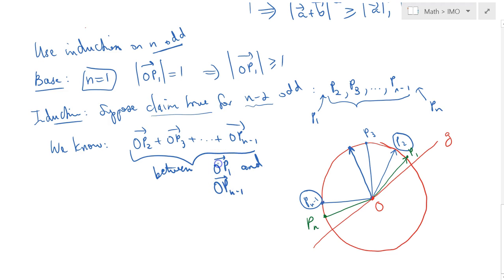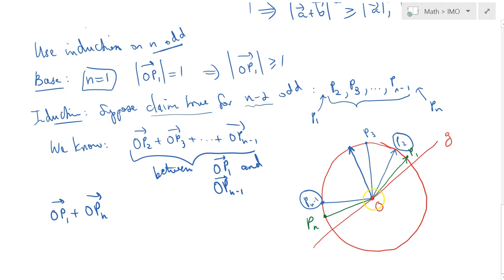And now we want to see what happens to the whole sum, right? But first consider this sum, OP1 plus OPn. So this sum is also between P1 and Pn.